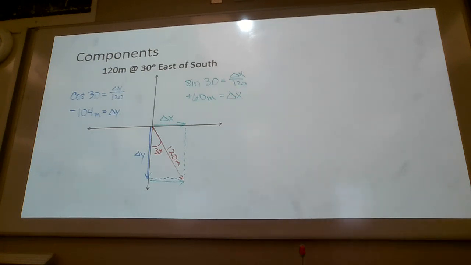Now, have you ever heard of the word components prior to this class? Usually it means parts or pieces that add up to the whole. Check this out. Find the resultant of the blue and the green vectors.